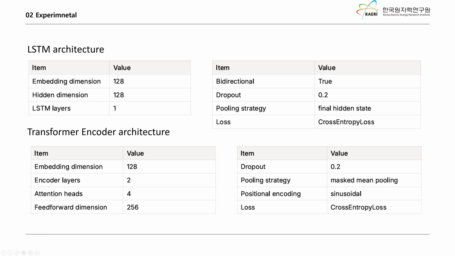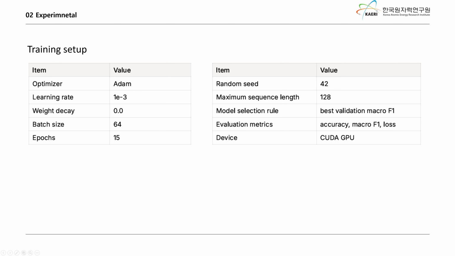Regarding the architectures, both models use an embedding dimension of 128. But the most important controlled variable here is the parameter scale. Both the LSTM and transformer were matched to exactly 2.82 million trainable parameters.